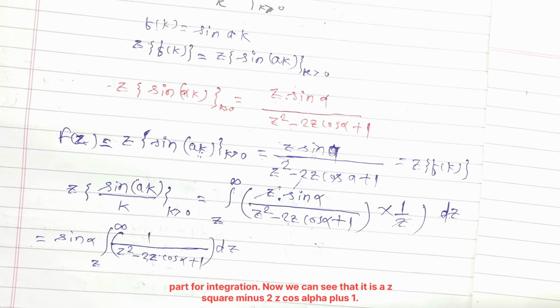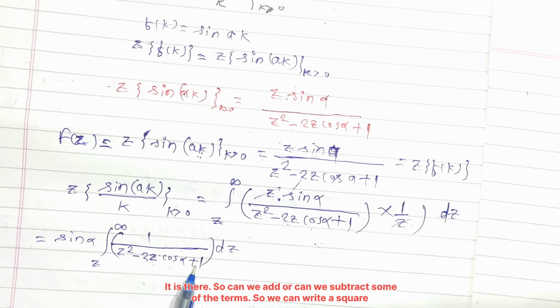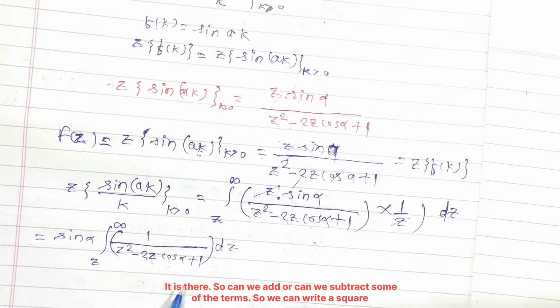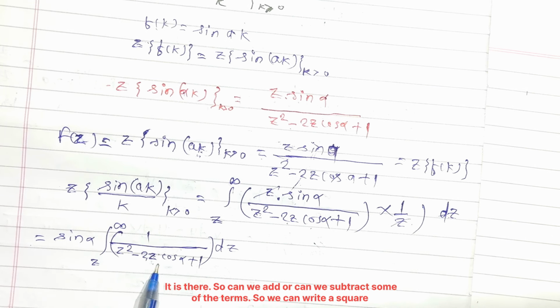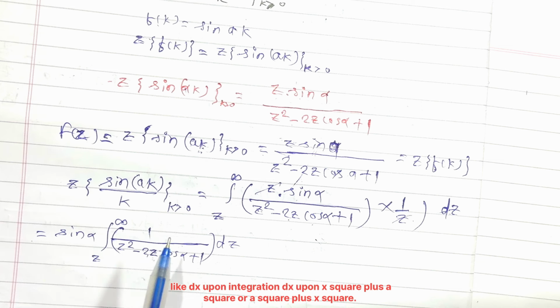We can see that z square minus 2z cos alpha plus 1 is there. Can we add or subtract some terms? We can write a square minus b square, a square plus b square, or another term that we can apply under the integral, like the integration of dx upon x square plus a square, or a square plus x square, such a form.